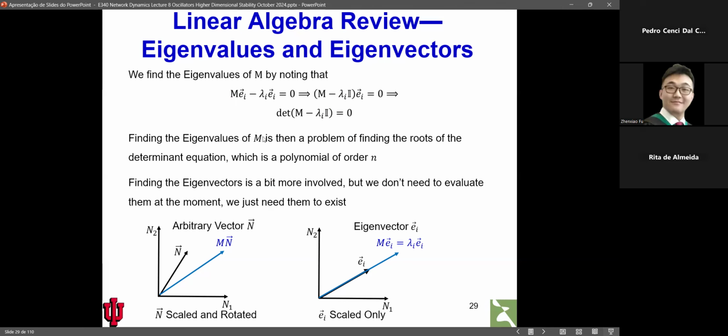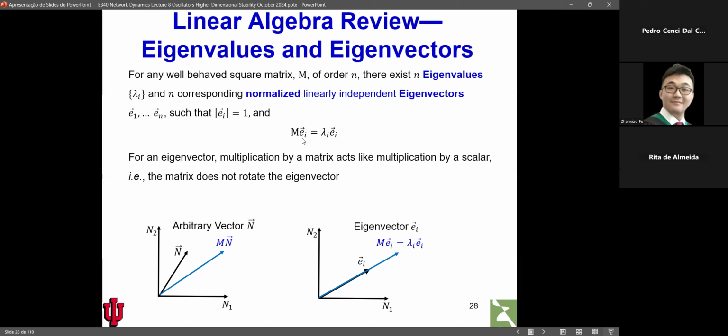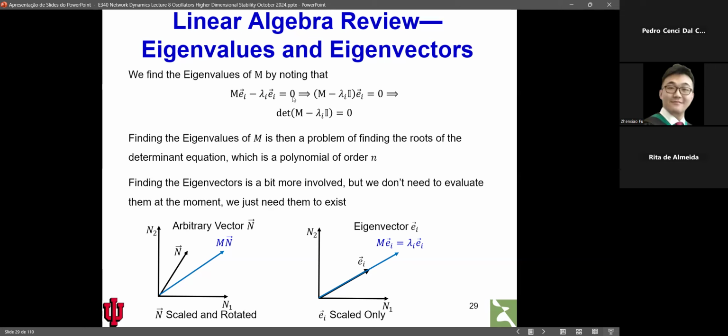So I take the former equation and put the lambda term on this side of the equation, so I have this thing equal to 0, which means the matrix M minus lambda i multiplied by the identity matrix, applied to Ei, is going to be 0, which means that the determinant of this thing is going to be 0.